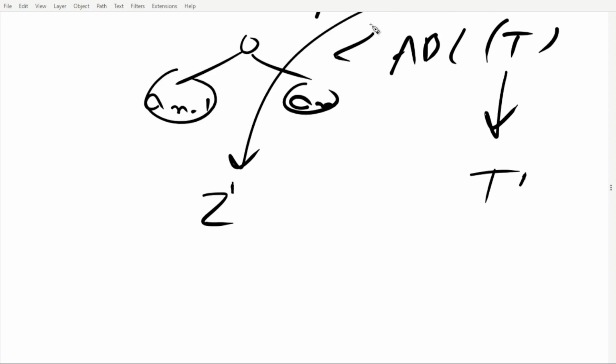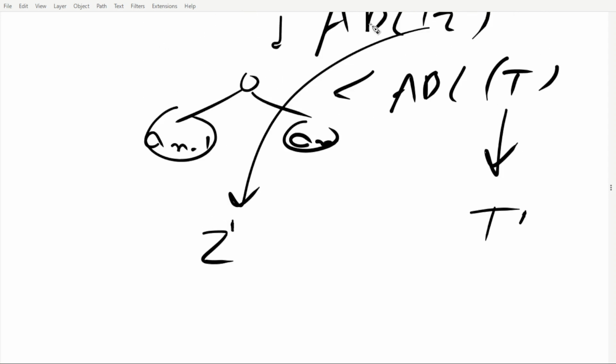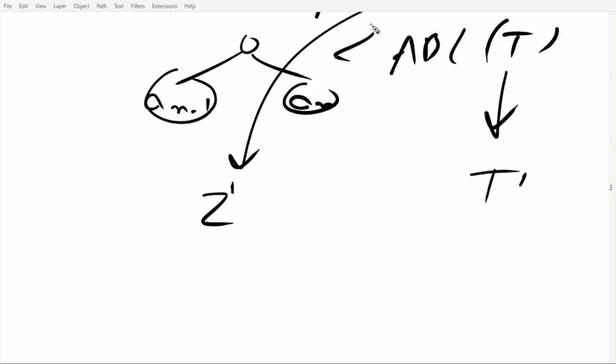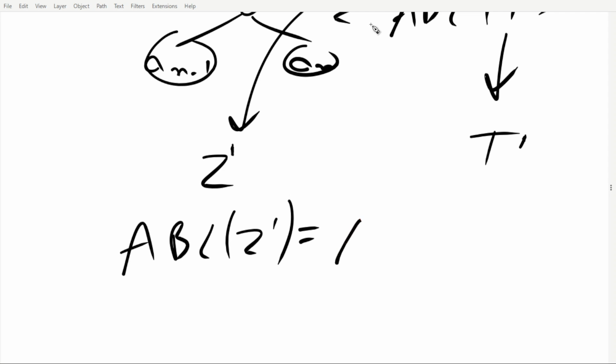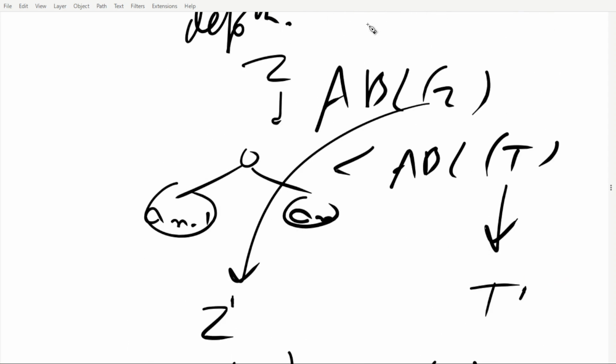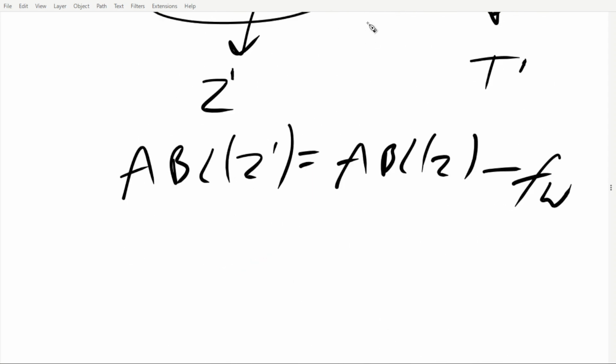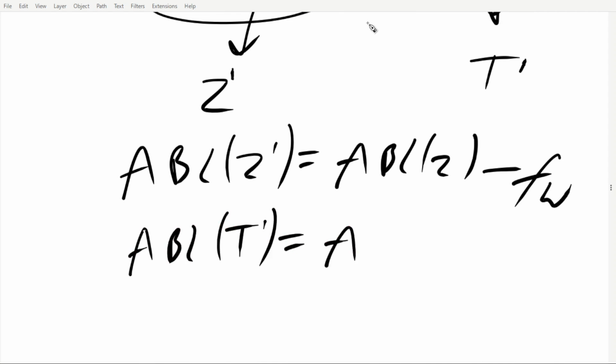Going from Z to Z prime, we get these expressions: the average bit length of Z prime is the average bit length of Z minus FW. We are simply merging the two, and the same thing happens for T prime also. The average bit length of T prime is the average bit length of T minus FW.